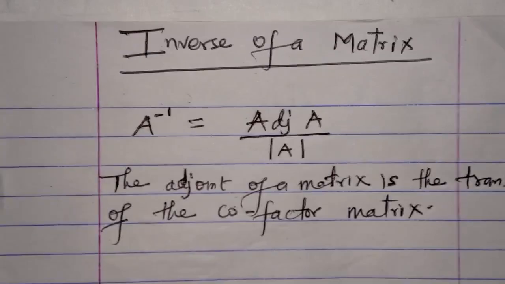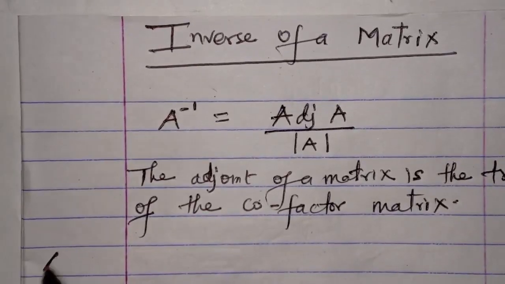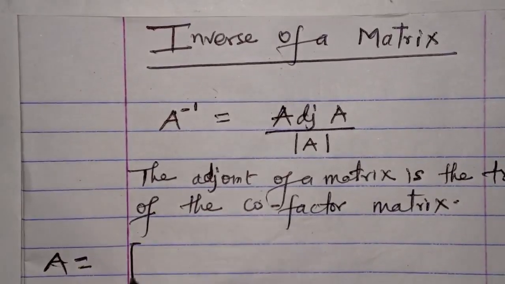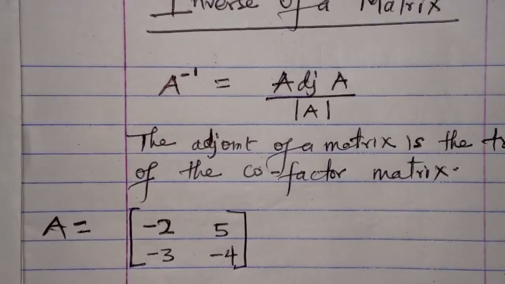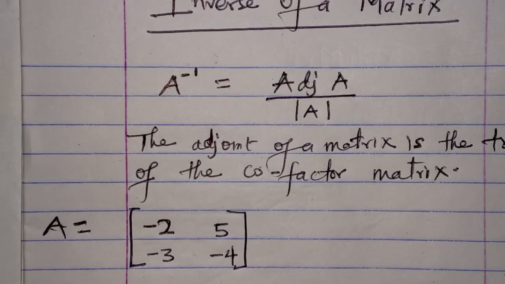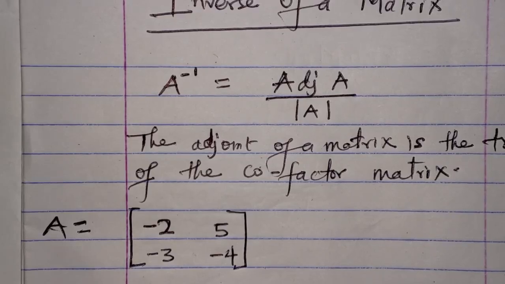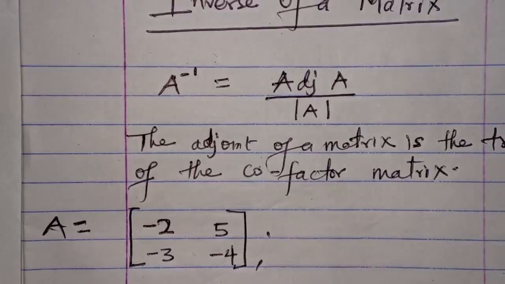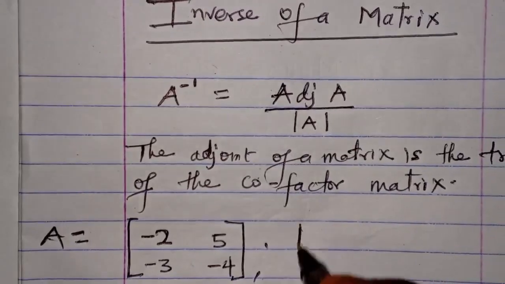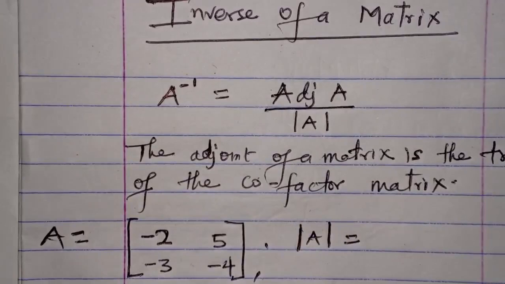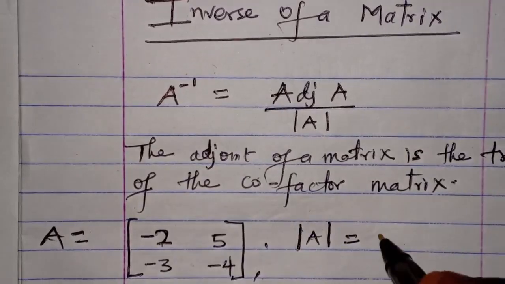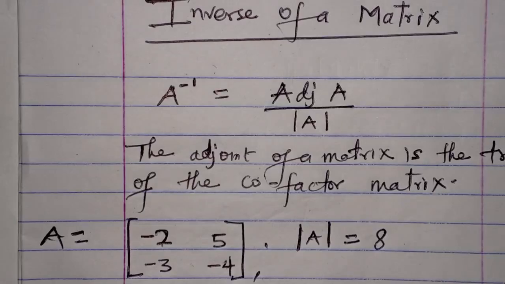Let's find the inverse. We have the matrix A equal to this. I want to find the inverse of this matrix, so I need the adjoint and the determinant. I can easily get the determinant. For every 2 by 2 matrix, the determinant is this: minus 2 times minus 4, that's 8, right?